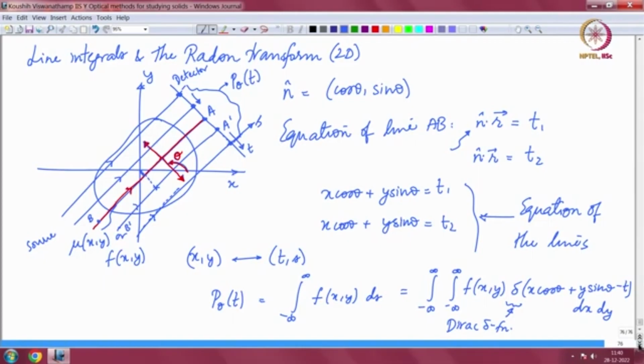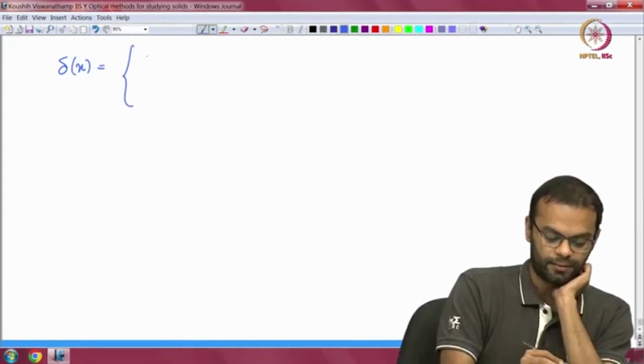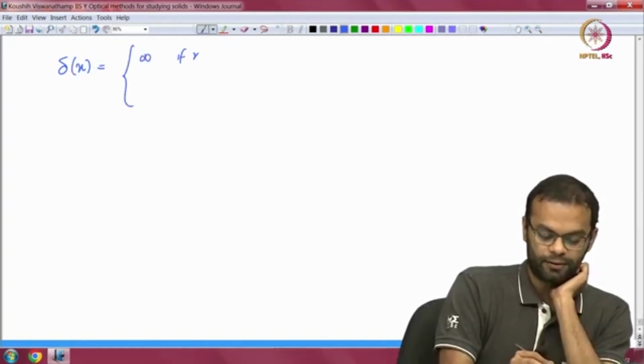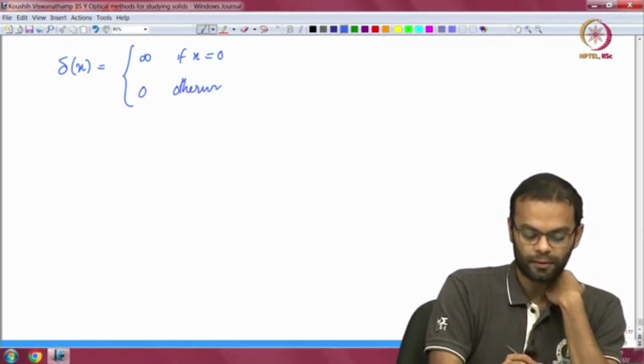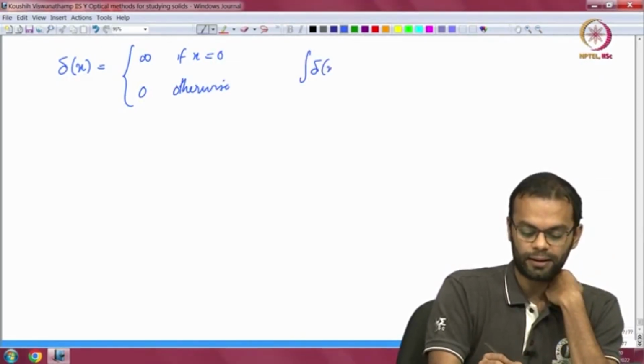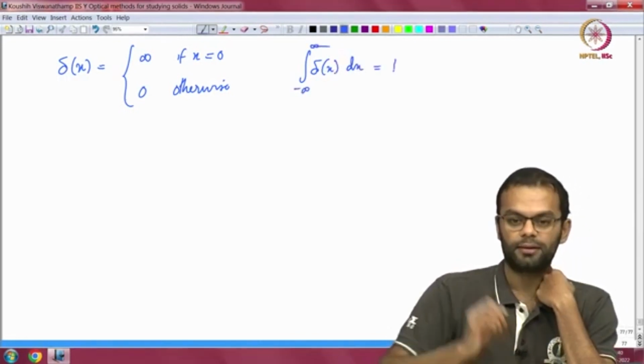Okay. The Dirac delta function has the following properties: it is infinite if x equals 0, it is 0 otherwise, and integral delta of x dx from minus infinity to plus infinity is equal to 1.